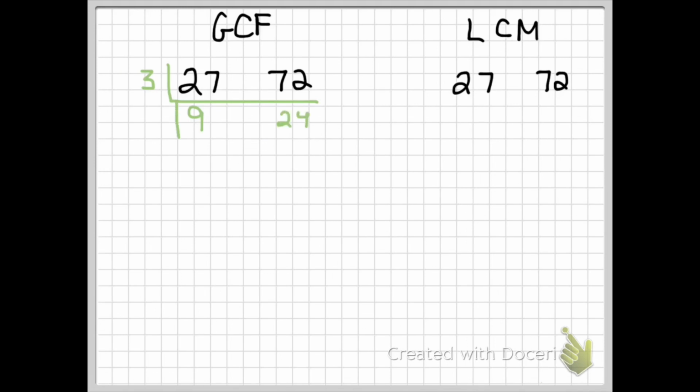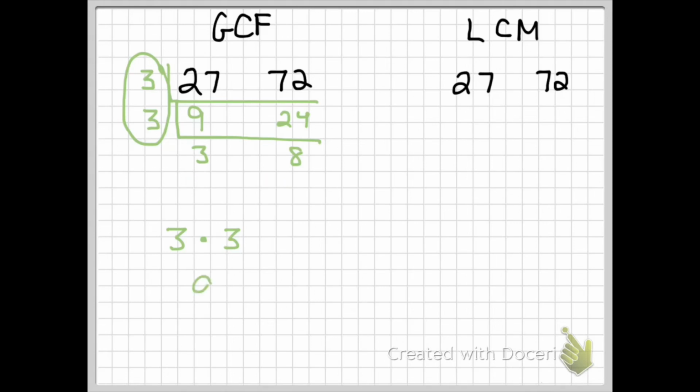If we look, we can actually use 3 again. 3 times 3 gets us 9. 3 times 8 gets us 24. What we're going to do here, we didn't have this last time, but we have these two remaining numbers. We take those and multiply them. Remember, we are not doing these bottom numbers here.